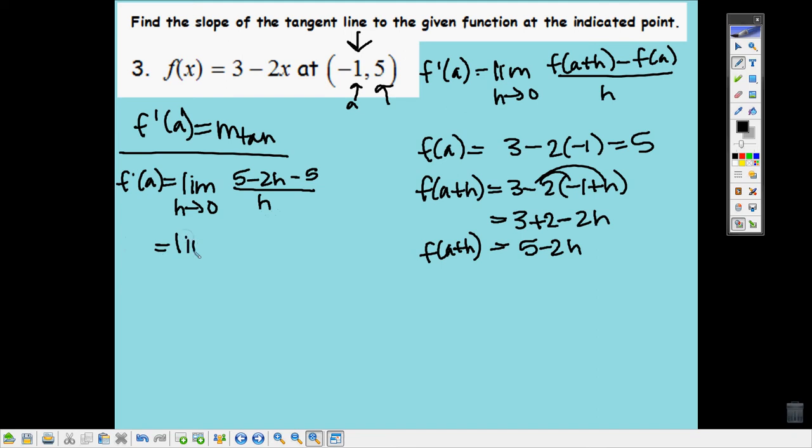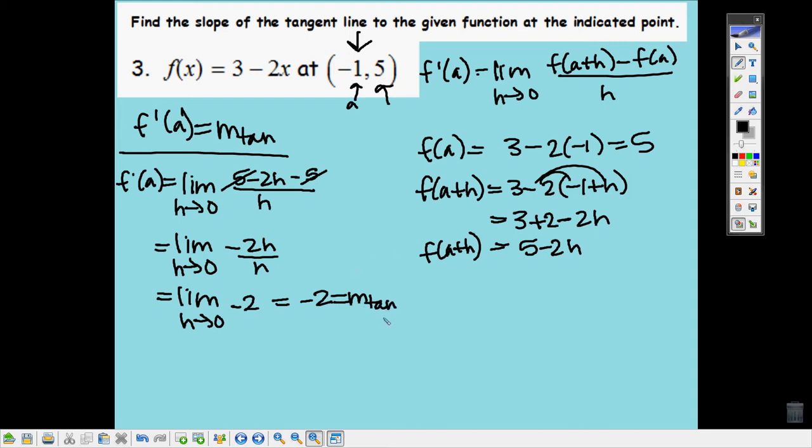So I have the limit as h approaches 0. 5 minus 5, of course, goes to 0, and I'm left with negative 2h over h. And again, those h's simplify out and leave me the limit as h approaches 0 of negative 2. And we, of course, know that the limit of a constant is the constant of the limit. So I have negative 2. And that's going to be my m tan.